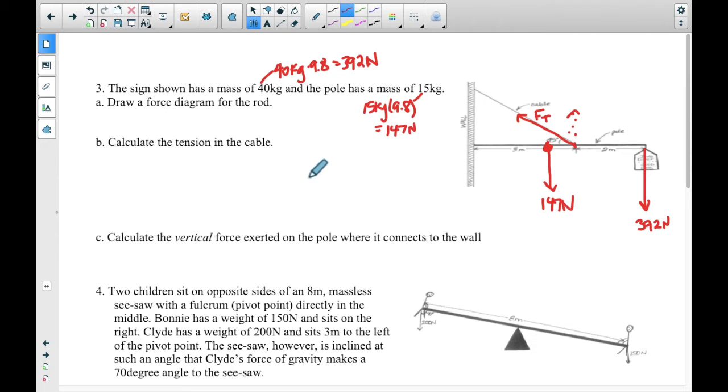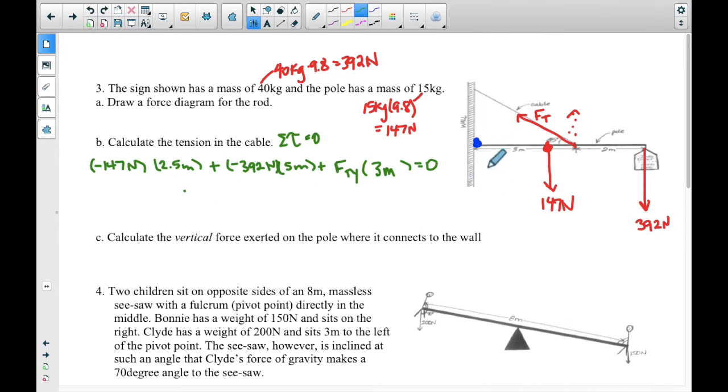We now need to calculate the tension in the cable. Again, it's kind of hard to read here, but the angle is a 45-degree angle. So we're going to have to set up our equilibrium equation where we add up all the torques and set it equal to 0. So again, we have 3 forces contributing to our torque.